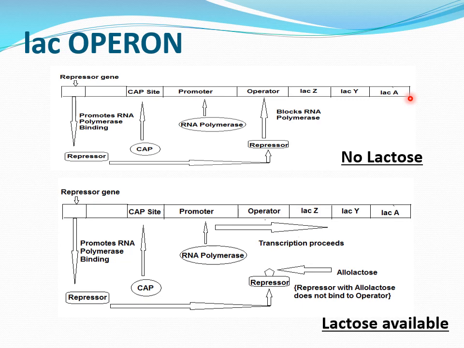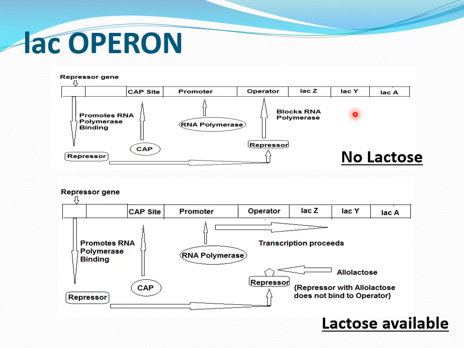These are the lactose permease, which transports lactose into the cell, then the beta galactosidase, which hydrolyzes lactose into the component sugars, that is glucose and galactose.